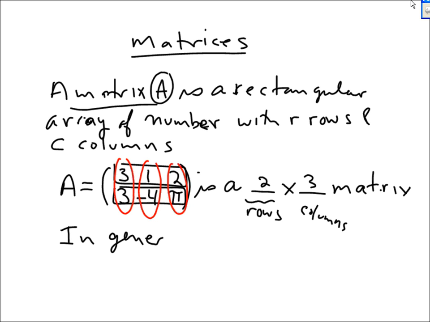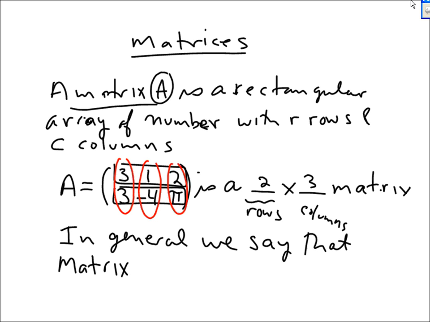In general, we say that matrix A is an M by N matrix. That is, it has M rows and N columns. Of course, M and N can be equal.